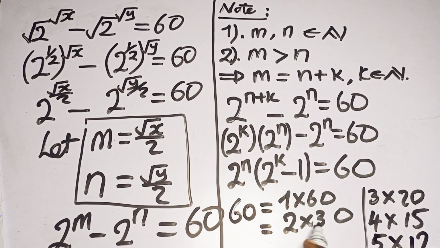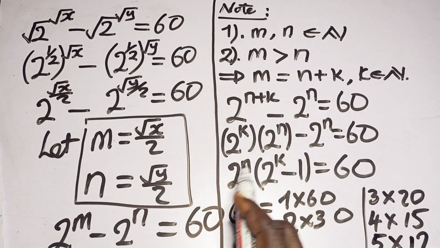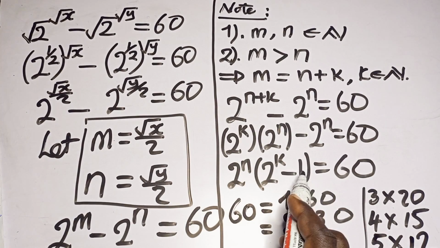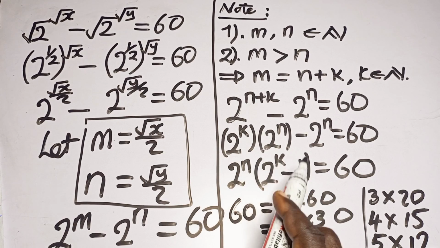Now, which of these decompositions will help us solve for the value of n and k? So we're going to be making this analysis based on what we have here. You're going to see we're going to eliminate the decompositions that will not help us and only end up with that single decomposition that will enable us find the value of n and that of k.